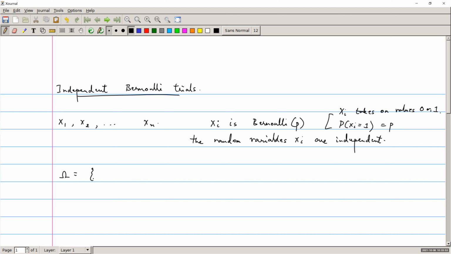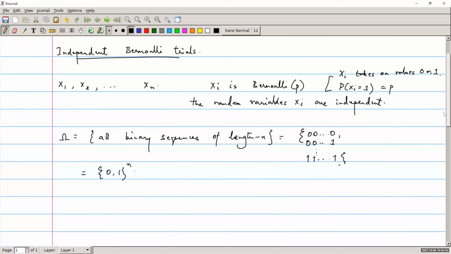The set of all binary sequences, the n-fold Cartesian product of 0 1. So this is the universe.